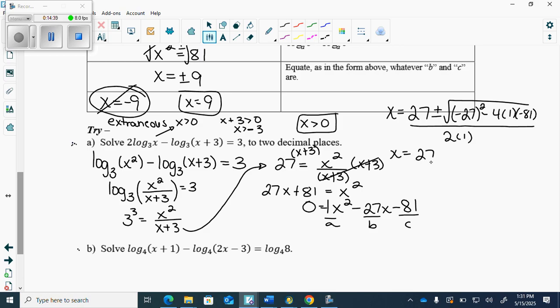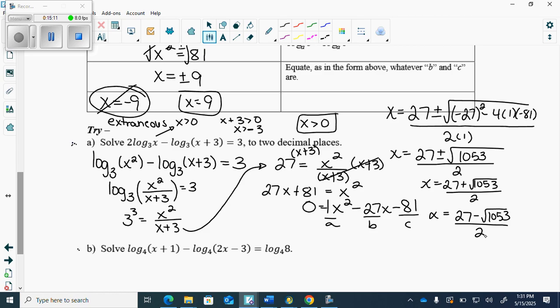So we get 27 plus or minus under there, I get 1053. And then it splits. 27 plus square root 1053 over two. 27 minus square root 1053 over two, that's an x.